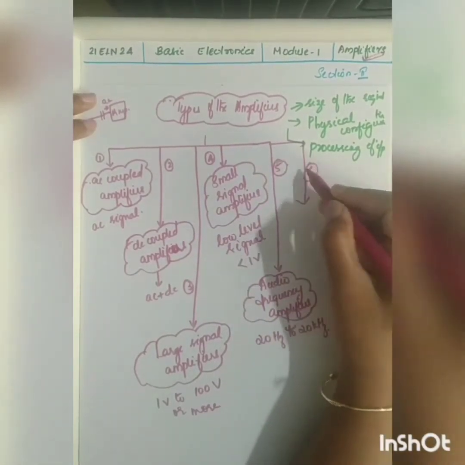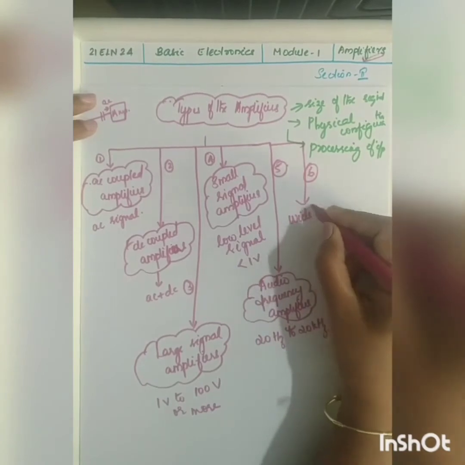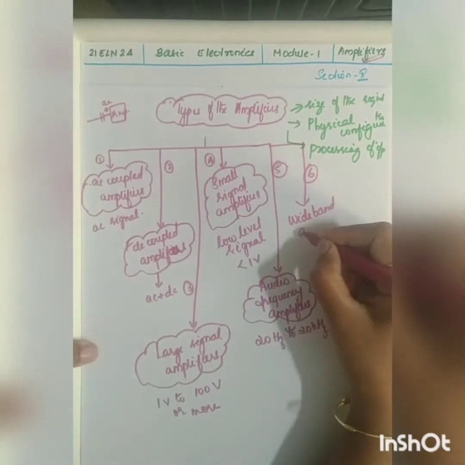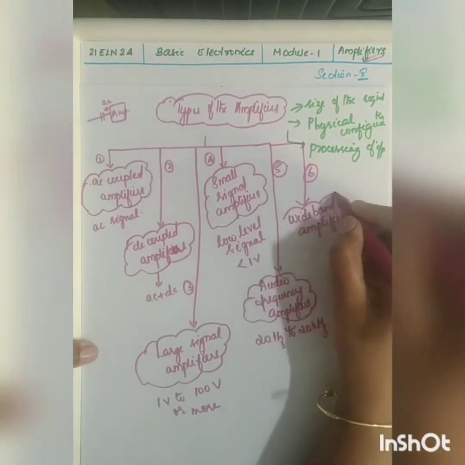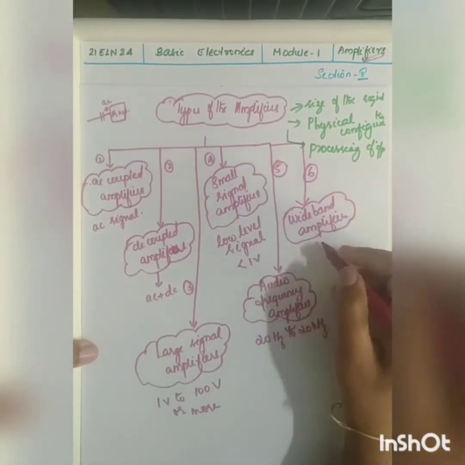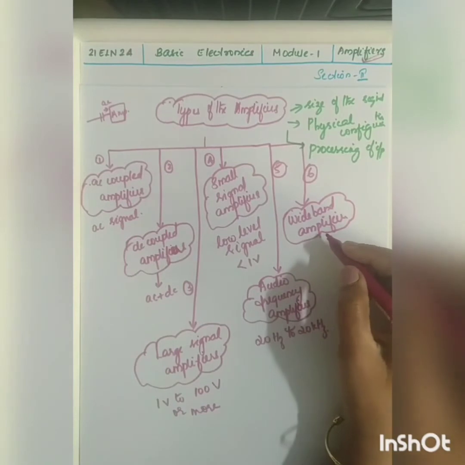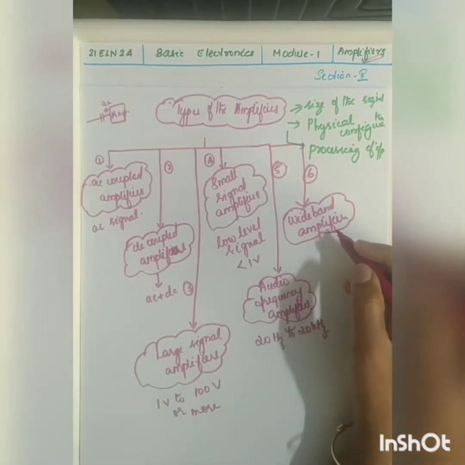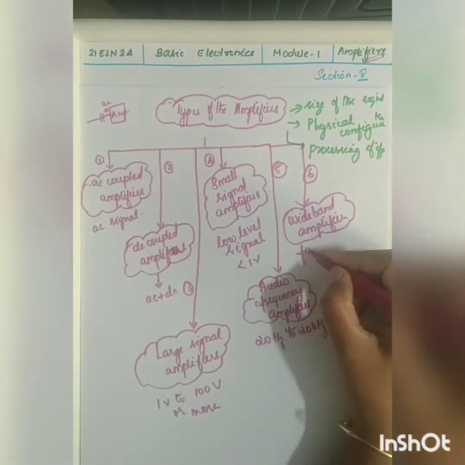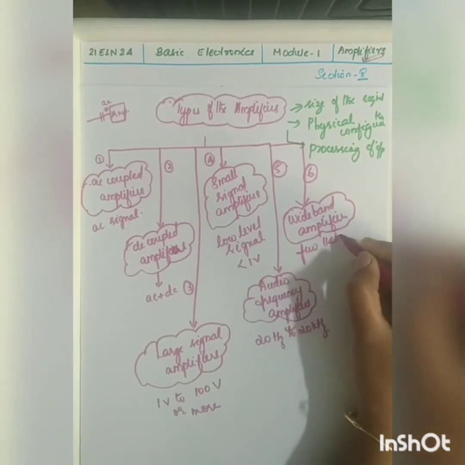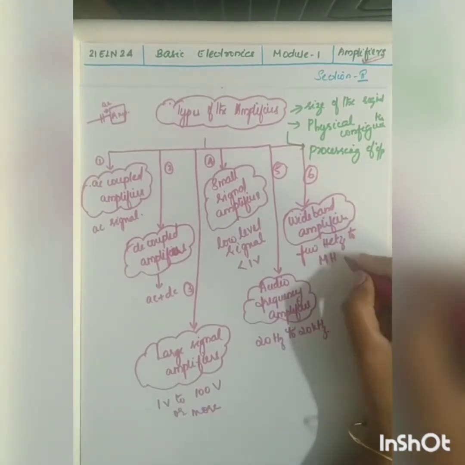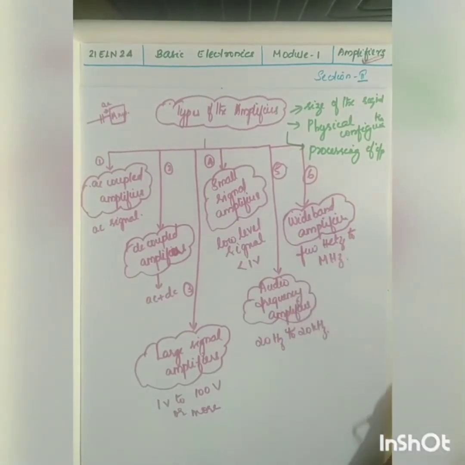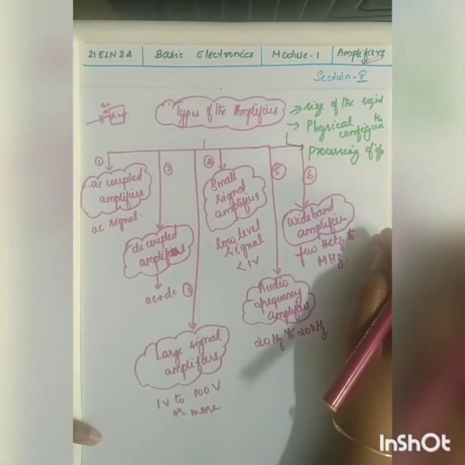What is meant by a wide band amplifier is the amplifier which amplifies a large range of frequency, that is from a few hertz to the megahertz range. That is called a wide band amplifier.